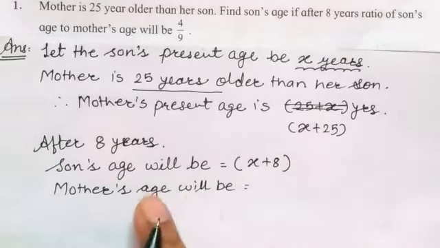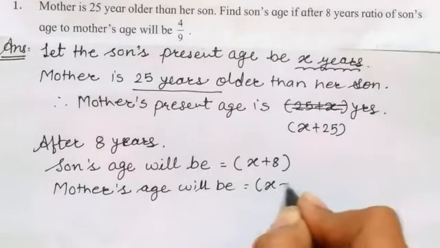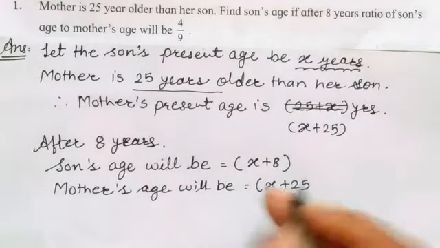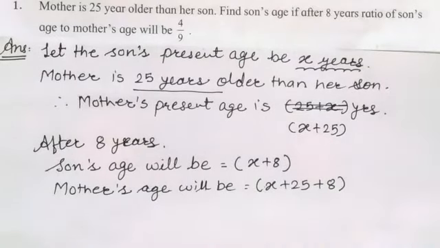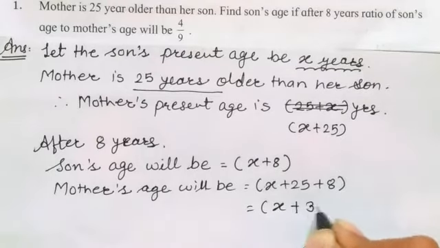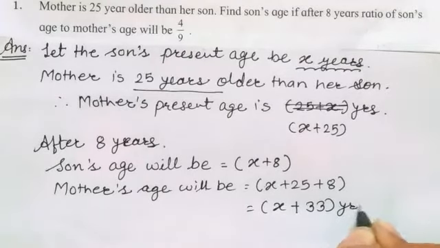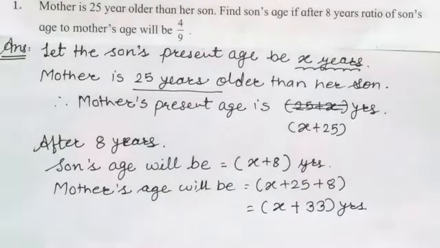In the same way, mother's age will be the original age x plus 25, and after 8 years it means we have to add 8 more. Therefore, x plus 33 years is the age of the mother after 8 years.